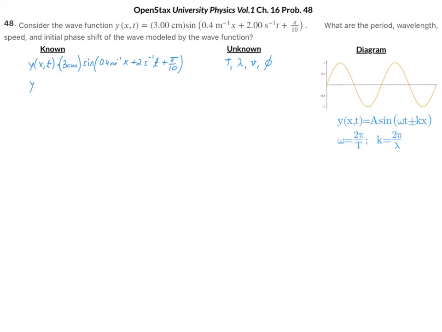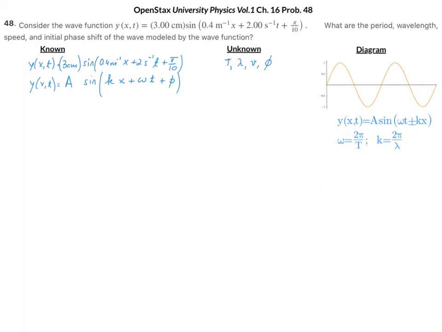So I'm going to write y of x comma t is equal to A sine, so that is kx plus omega t plus phi. So why do I have this phi here? What is this phi? We haven't seen it before. If I set x and t equal to 0, then it looks like my wave still has an A sine phi.